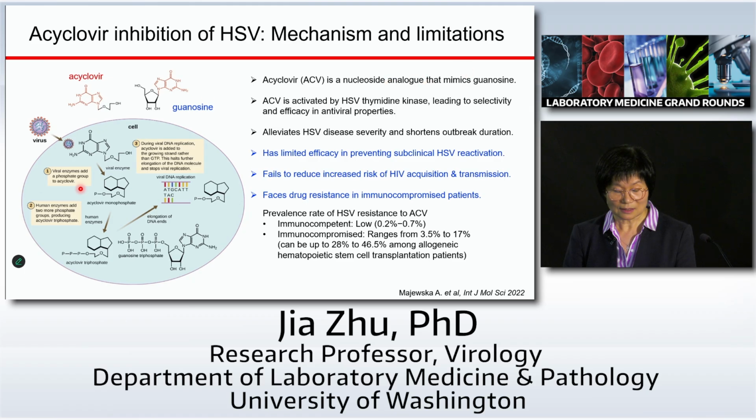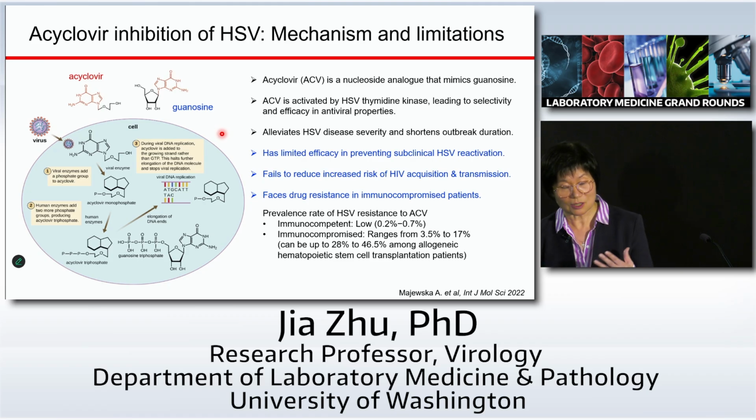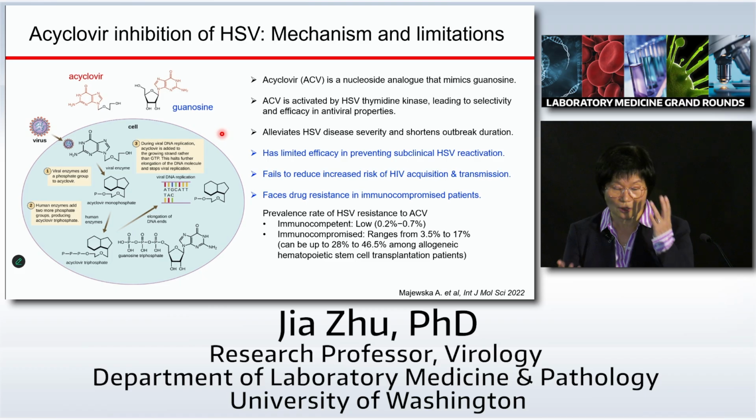After that, host enzymes are responsible for adding 2 more phosphates to make it a triphosphate. And then it can compete with guanosine triphosphate, be incorporated into the viral genome, and stop viral replication.